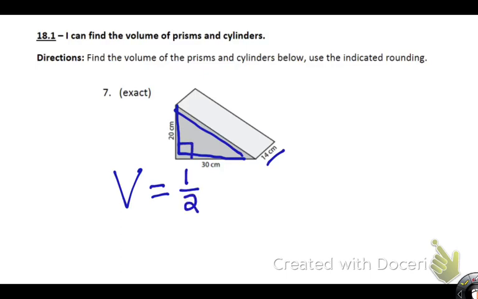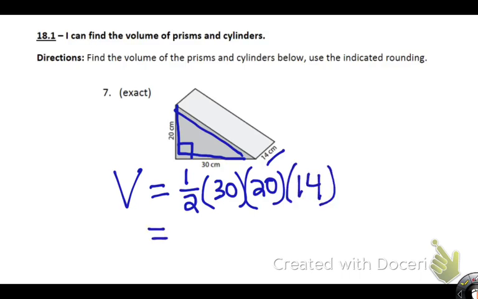This looks like a little right triangle. So it's 1/2 times the base, which is 30 centimeters, and then times the height, which is 20 centimeters. And then we would multiply that by the height of the prism, which is 14. So multiply all those together, see what we get.